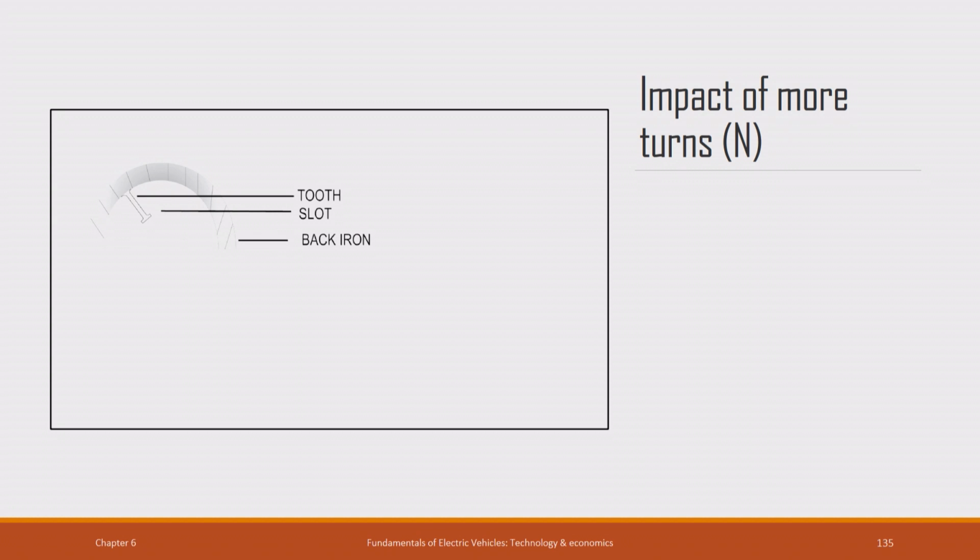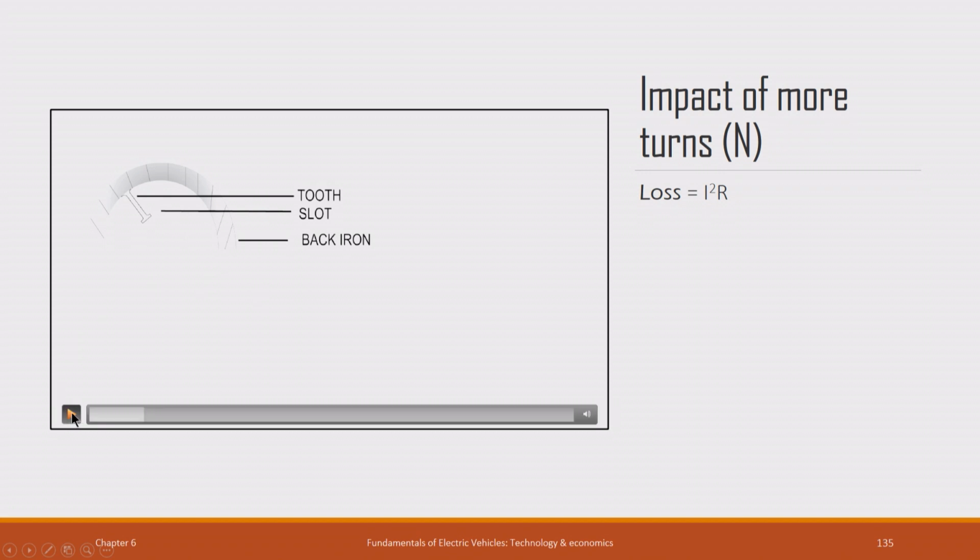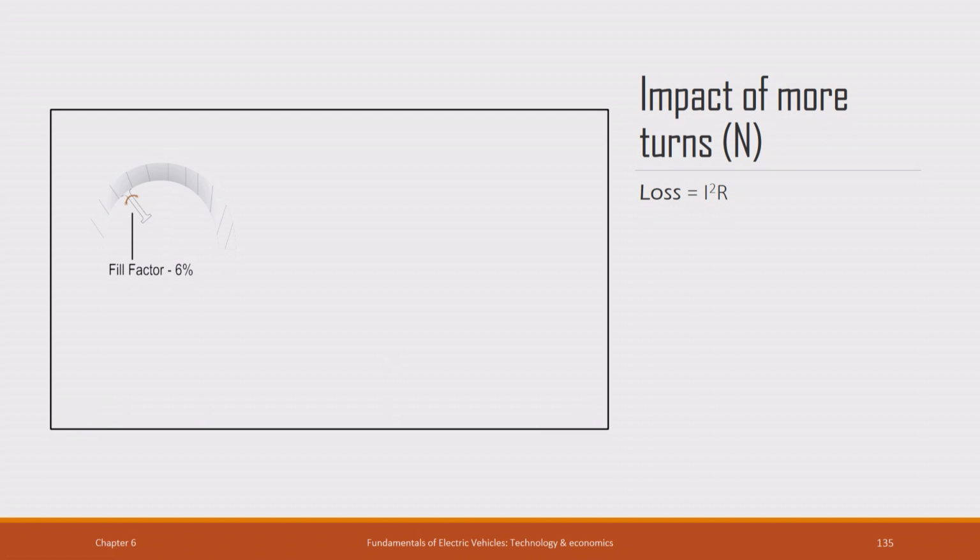Now, let us say that the present design has one turn. So, compared to the area available in the slot, putting one turn of wire takes up about 6% of the area. What is the name of that percentage?